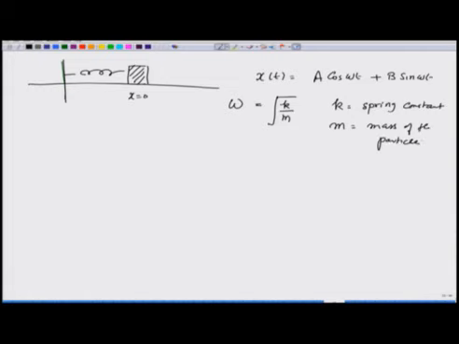So, to perform this motion, the particle has to be displaced, some motion has to be started. So, if I pull the mass and leave it, let me just show it to you in the picture. This is my equilibrium position L0.